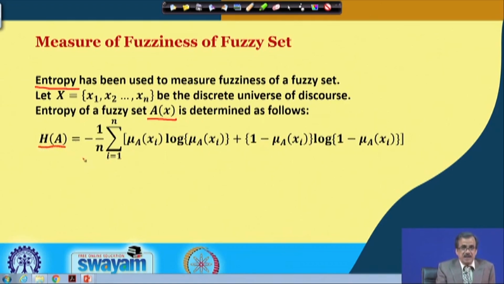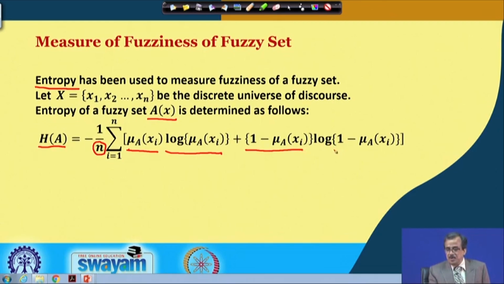Now, this capital H(A) is nothing but minus 1 divided by n, where small n indicates the number of elements, multiplied by summation i equals 1 to n of mu_A(x_i) log of mu_A(x_i) plus (1 minus mu_A(x_i)) log of (1 minus mu_A(x_i)).